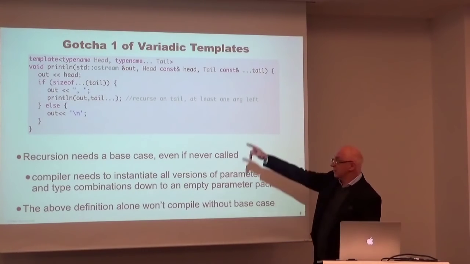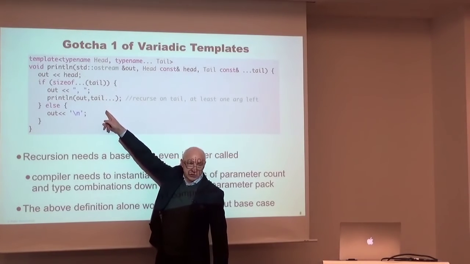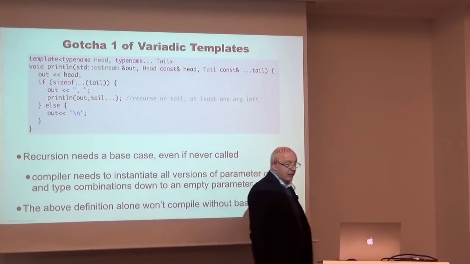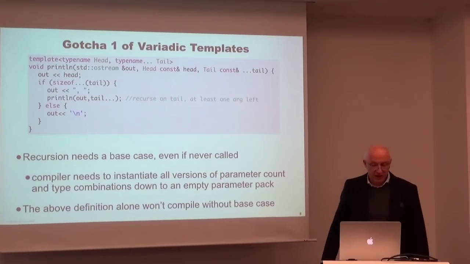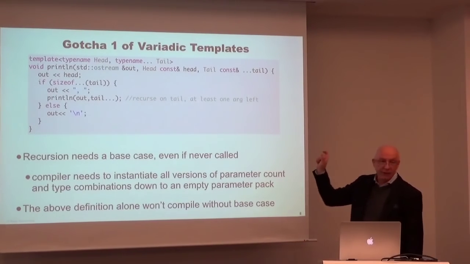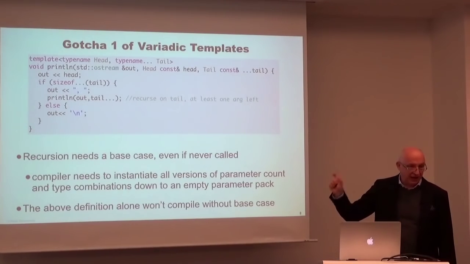I just changed the code a little bit, so I only recurse if there is more to do, and do the new line, let's say, within the print line function itself. The problem is, while it would never call a print line with an empty tail, the compiler would still need to compile that piece of code.